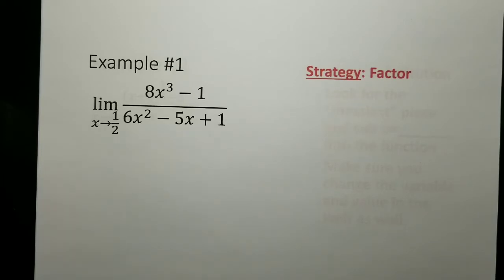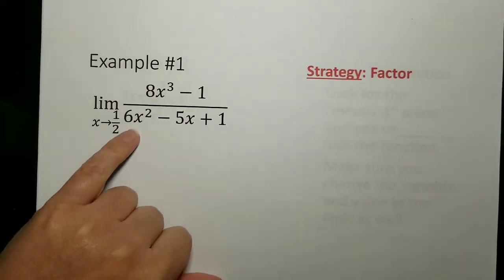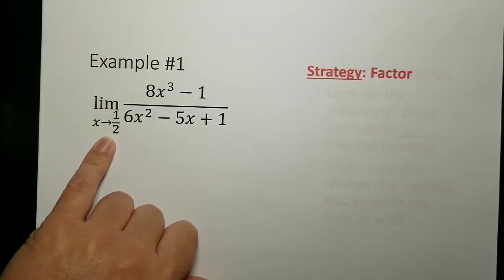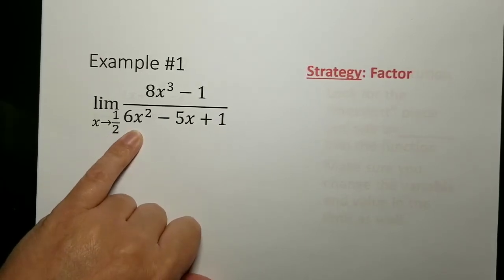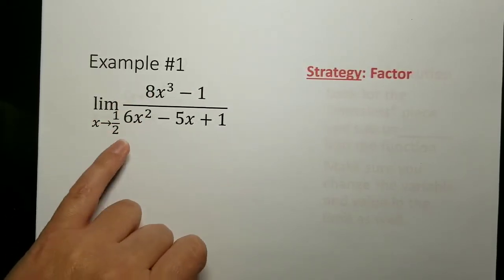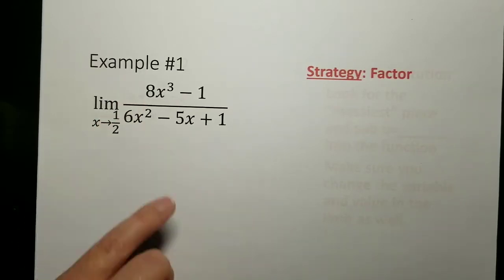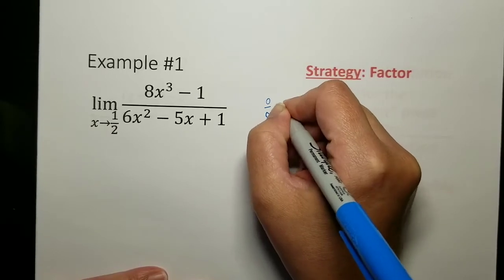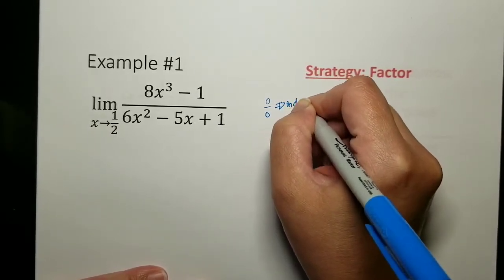Sometimes it's obvious when you substitute in a number into the function. If we substitute in 1/2, you may have to use your calculator or do a little bit of work here to confirm that this would be that indeterminate case, that we would in fact get 0 over 0. So you could just make a note like 0 over 0, it's indeterminate.